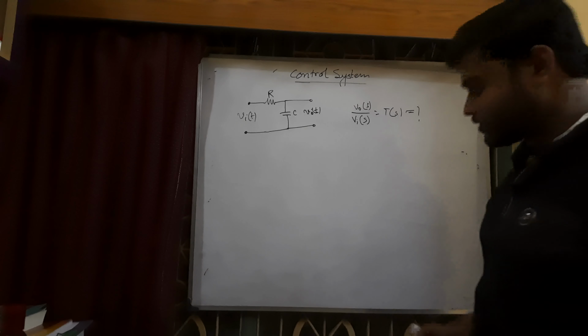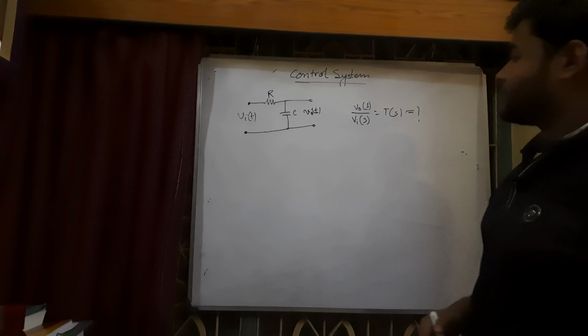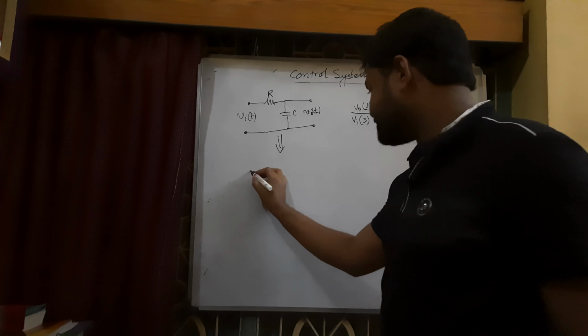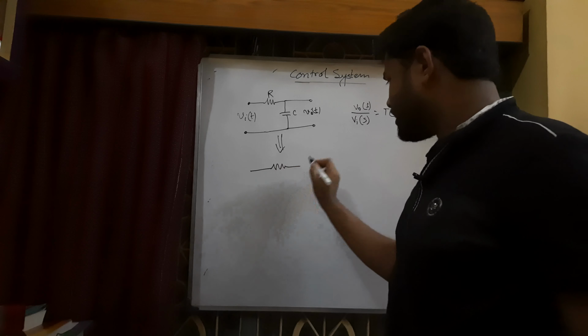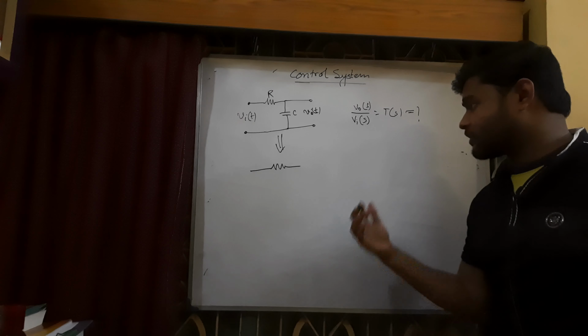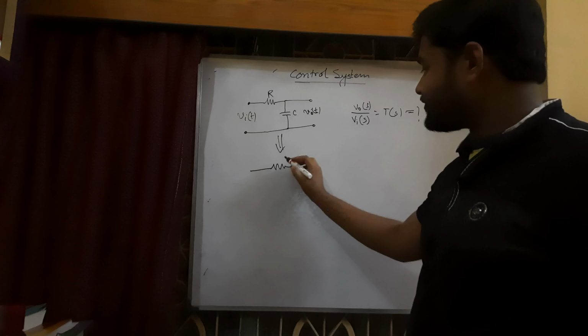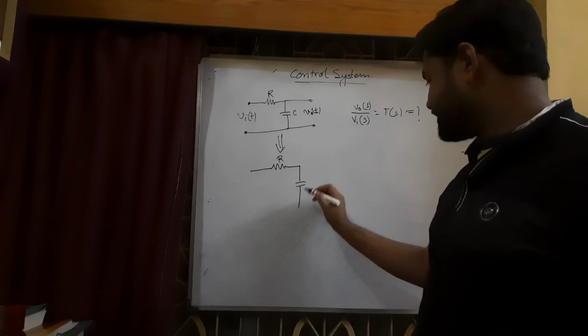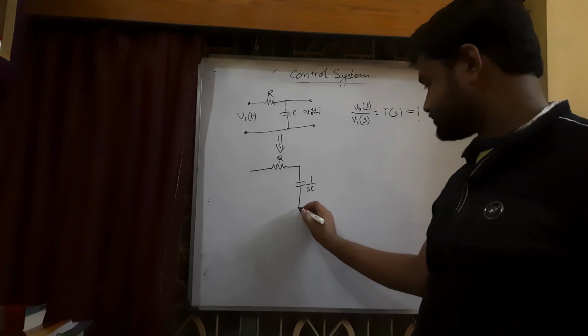So how will I do that? First we will convert this into the Laplace domain. That means the individual elements will be represented by their corresponding impedances. So R has impedance of R and C has impedance of 1 by SC.